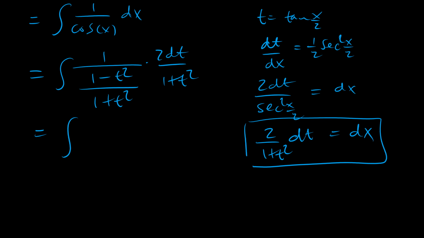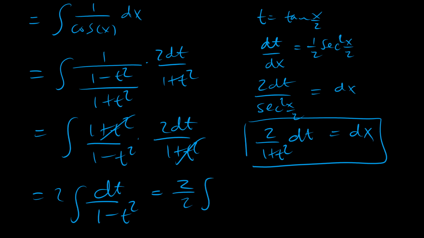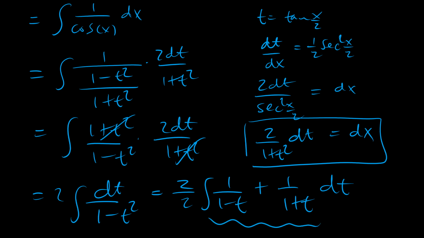So which is the same as 1 plus t squared over 1 minus t squared times 2 dt over 1 plus t squared. And that cancels, so we have 2 times the integral of 1 over 1 minus t squared, which is equal to 2 over 2 of 1 over 1 minus t plus 1 over 1 plus t. So we're expressing this as partial fractions.